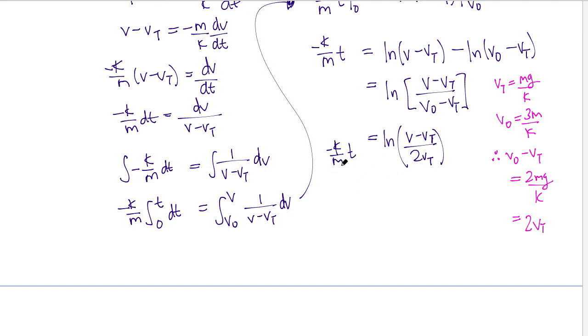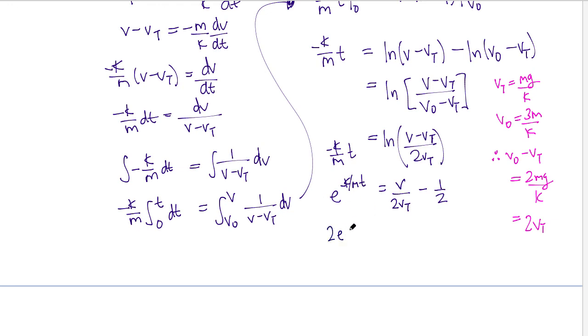So at this point, I can just take both as a power of e, and I end up with e to the negative k over m times t equals, and on the right, I can simplify this a little bit. I have v over 2 times vt minus 1/2. So this is a little bad. What we want to do is clear these fractions really quick, so we'll multiply everything by 2.